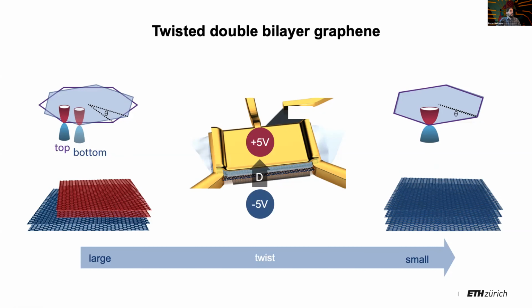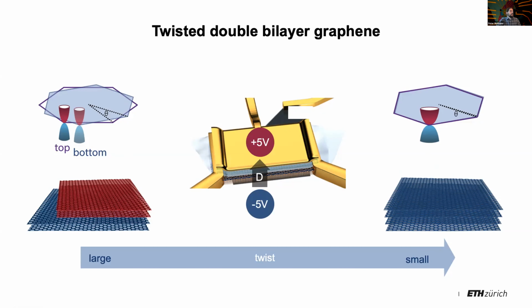There's now one pronounced difference, and this is the large peak in resistance that appears exactly around zero density. Remember before, zero density was always conductive at 10 degrees twist. But now here, there's a large peak in resistance appearing.